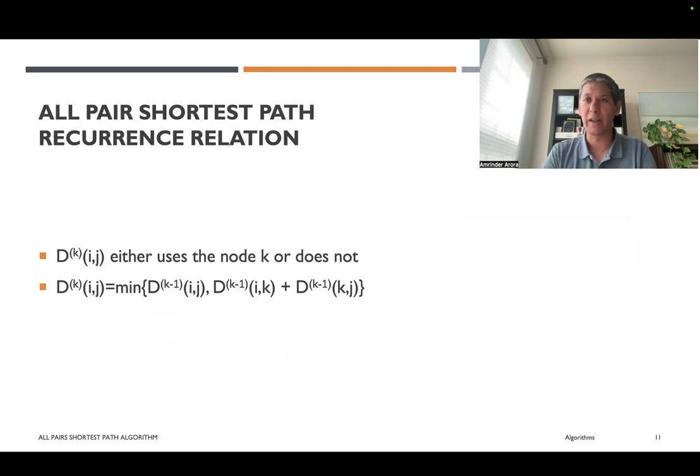If it doesn't use the node k, then we would simply say that d^k_ij is equal to d^{k-1}_ij. If you're not going to use k, then don't use it, just go to k minus 1. Or if you are going to use it, that means you're going to go from i to k, using 1 through k minus 1 as the possible intermediate nodes, and then again from k to j, using the same 1 through k minus 1 as the possible intermediate nodes.